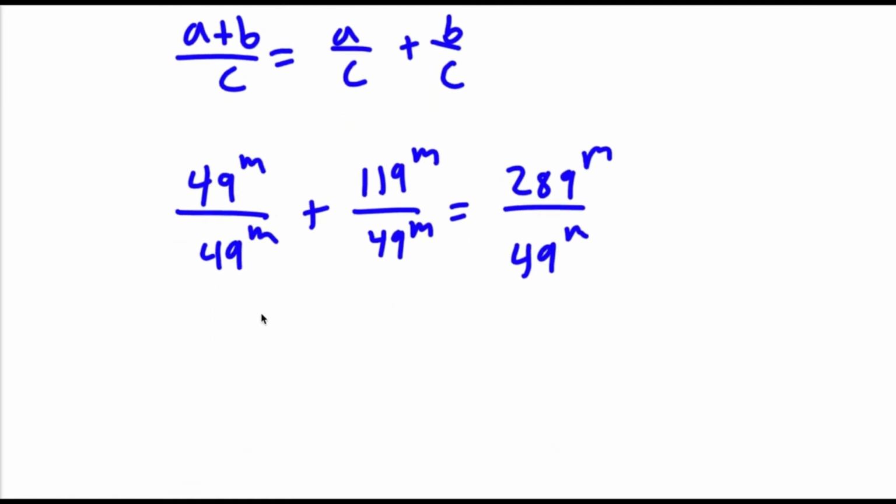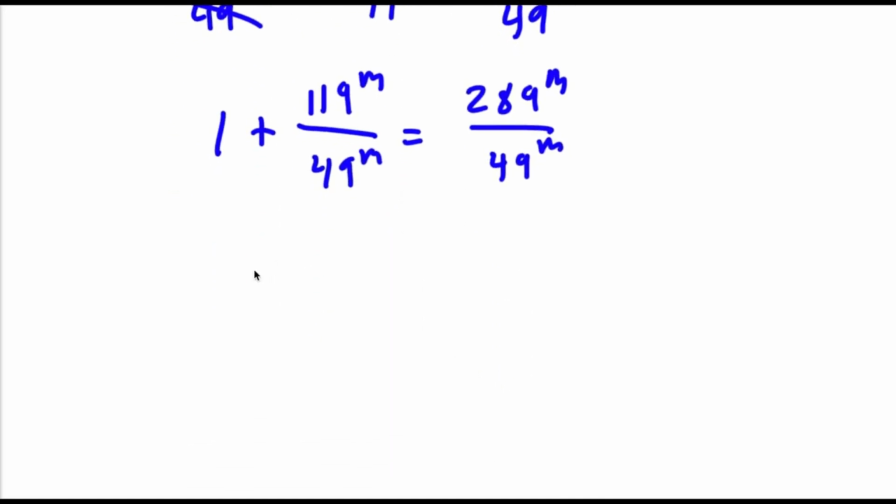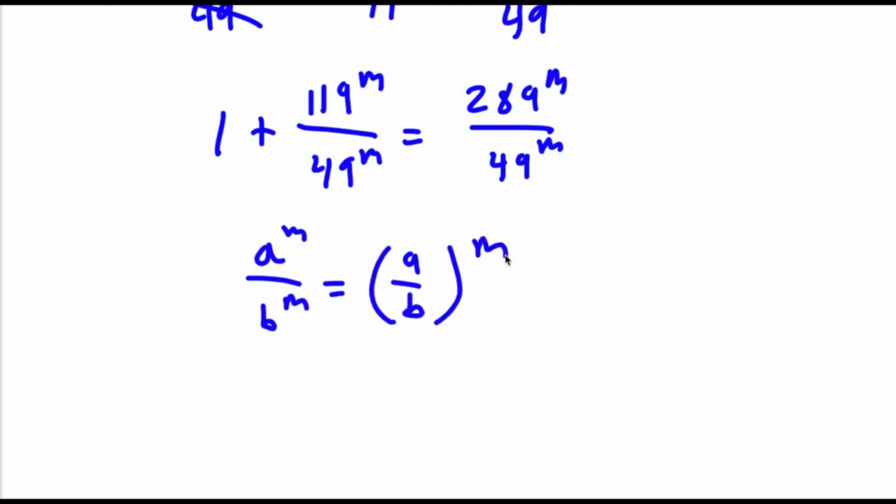Now, anything divided by itself is 1, so these two will simply cancel out, and I'm left with 1 plus 119 to the power of m over 49 to the power of m is equal to 289 to the power of m over 49 to the power of m. Now, if I have something in the form a to the power of m over b to the power of m, this is actually equal to (a over b) to the power of m.